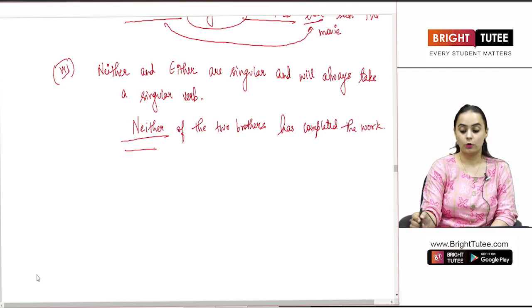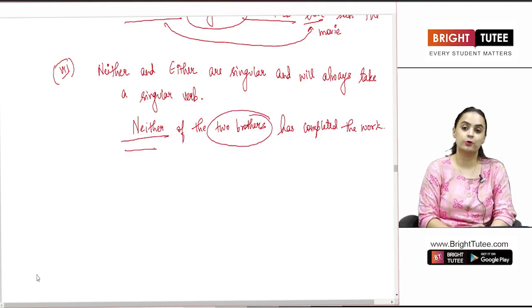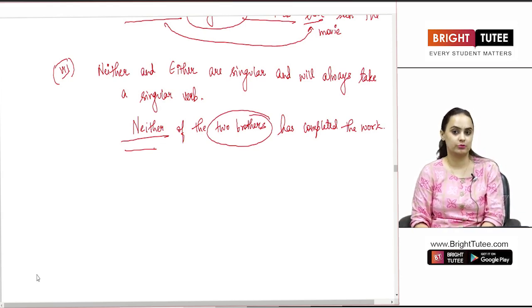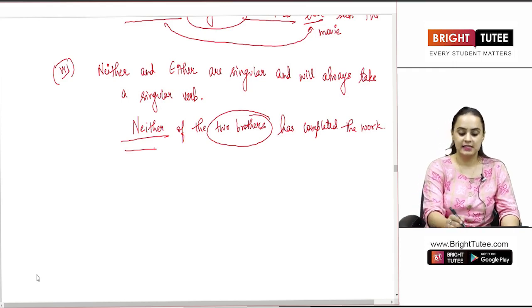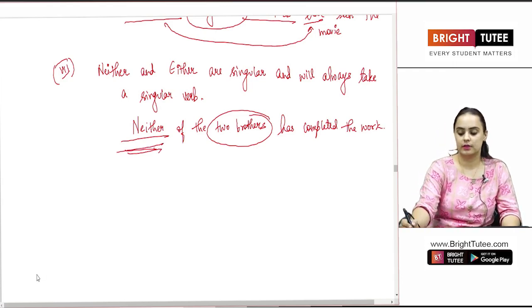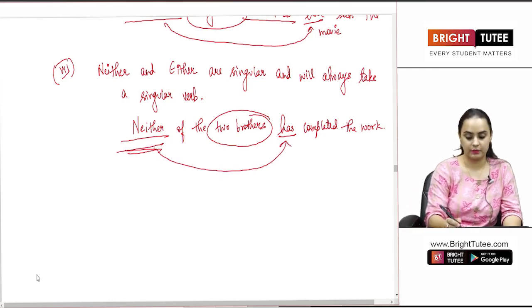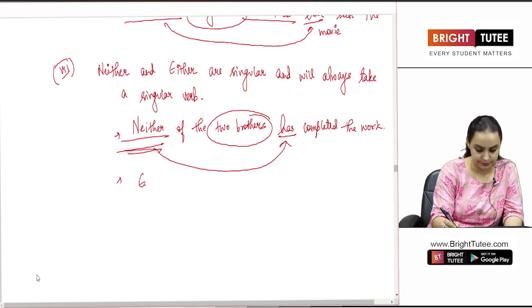Although over here the students are going to get confused, "brothers" is written, which is plural, but I am not going to look at brothers. Rather, the only thing that I need to keep in mind is, since "neither" is used, I will use a singular verb with it.